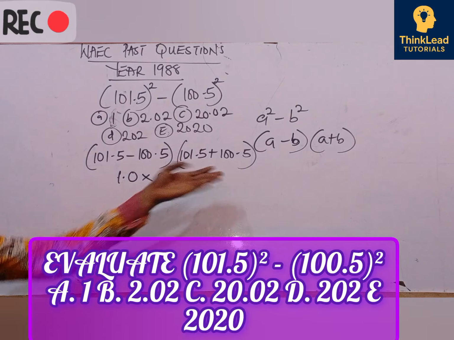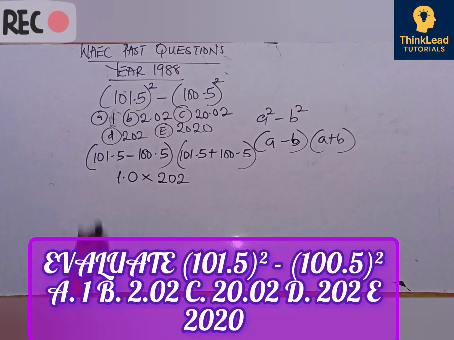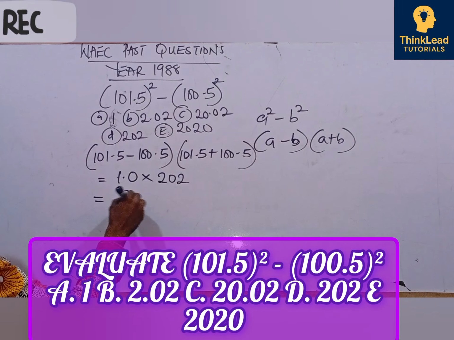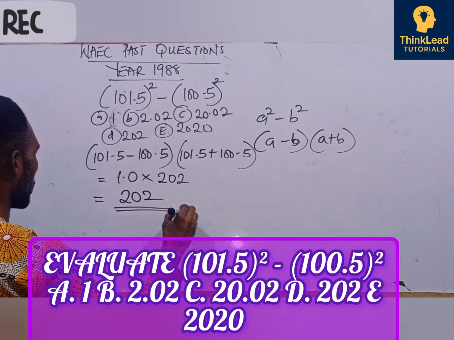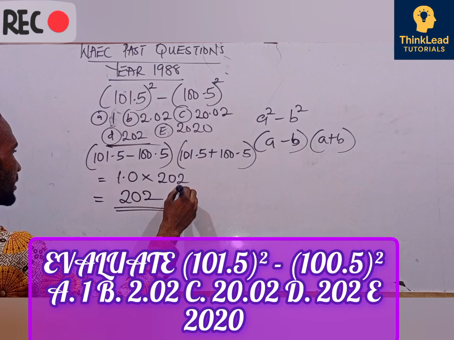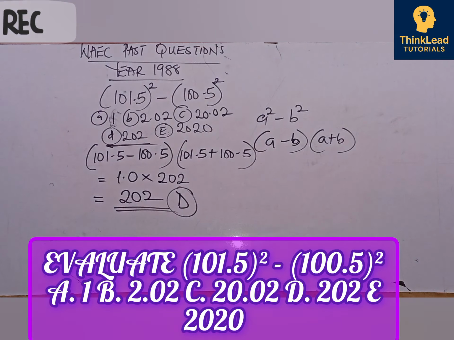When we add this together, we get 202. Now when I multiply, 1.0 multiplied by 202, the same thing as 1 multiplied by 202, that will be giving us 202, which is option D. So this is how you solve this particular question.